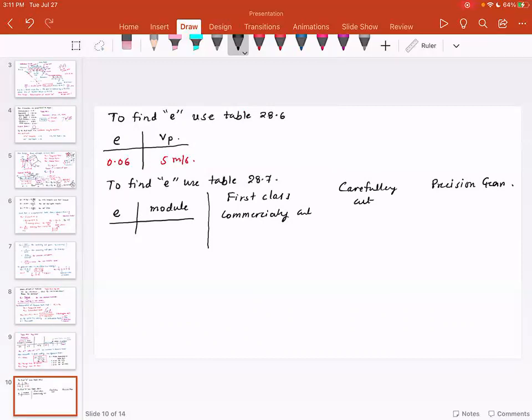The next thing that we want to talk about is we found the dynamic load. So WD is the load on the tooth when the power is transmitted.